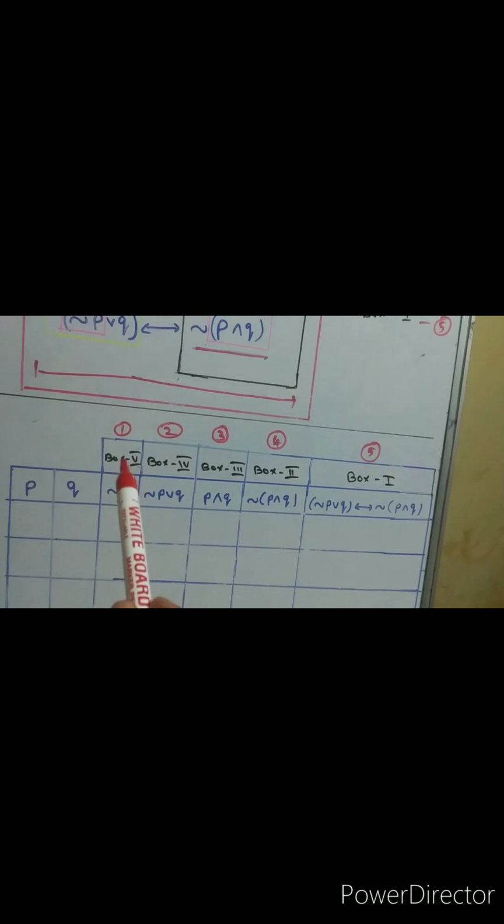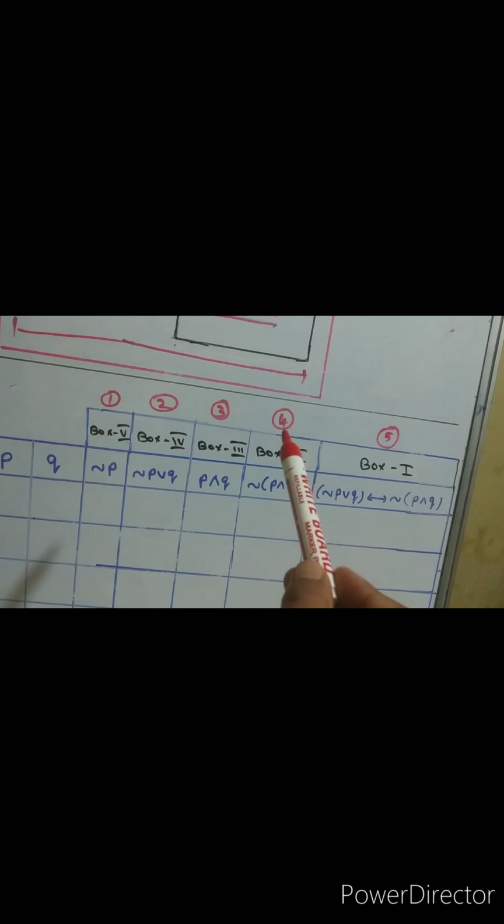In the same way, position number 1 equals box number 5. Position number 2 equals box number 4, and the box number 4 value we have to write here. Position number 3, box number 3. Same way, box number 2 is position number 4, and position number 5 is box number 1.